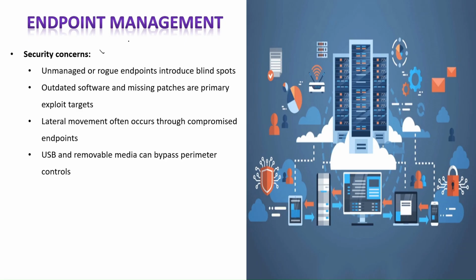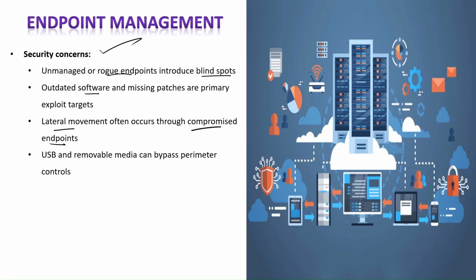Some security concerns with endpoints include that unmanaged or rogue endpoints can introduce blind spots. Outdated software and missing patches are the primary exploit targets for attackers. Lateral movement through endpoints often occurs after the compromise of one or more endpoints.